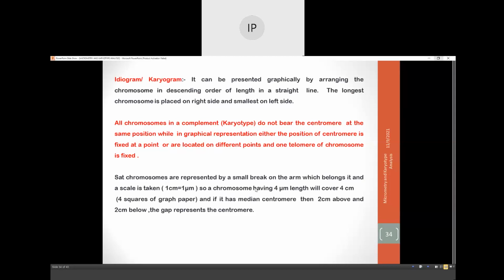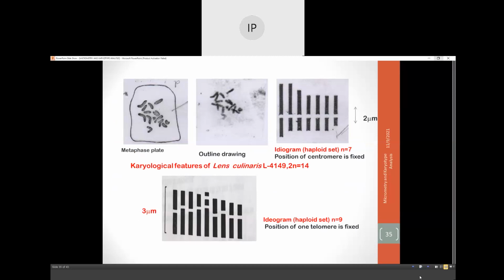SAT chromosomes are represented by a small break on the arm to which it belongs, and a scale is taken, for example 1 centimeter will represent 1 micrometer. So a chromosome having 4 micrometer length will cover 4 centimeters, 4 squares of graph paper, and if it has a median centromere then 2 centimeters above and 2 centimeters below. The gap represents the centromere. Now you can see this slide.